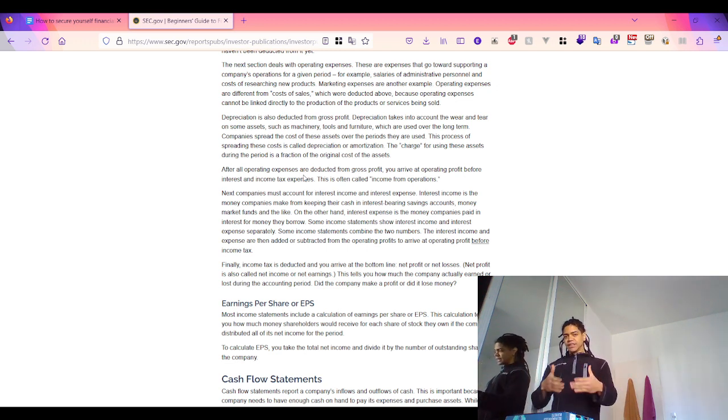So this statement is generally made of three parts, where the cash flow is reviewed from one of these activities: the operating, investing and financing.